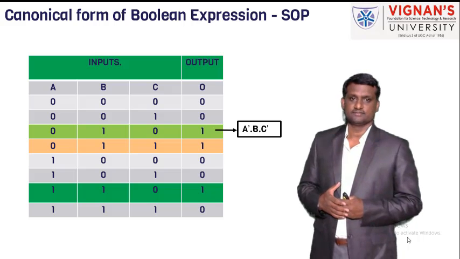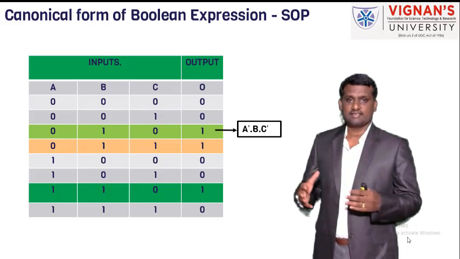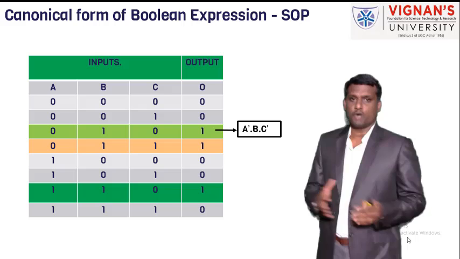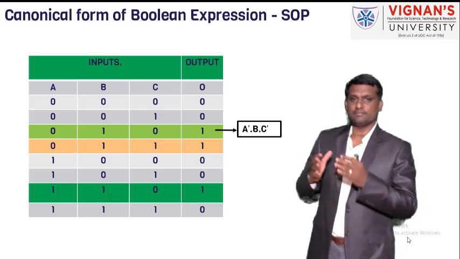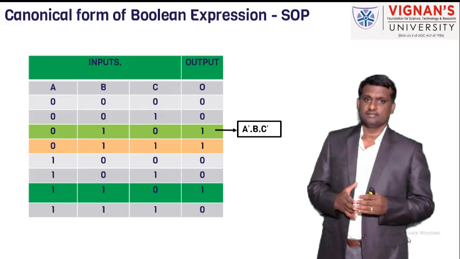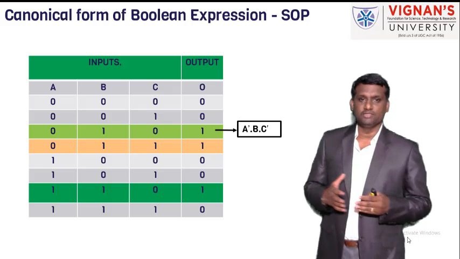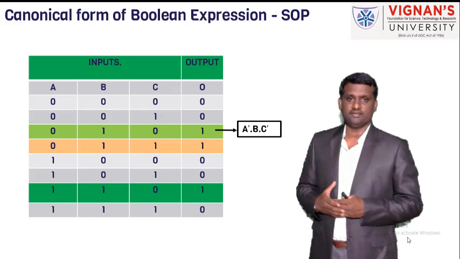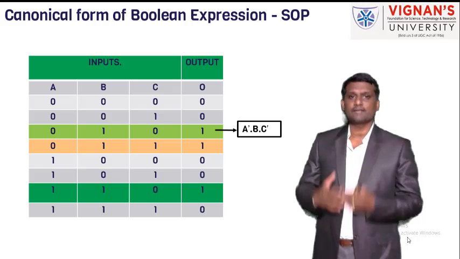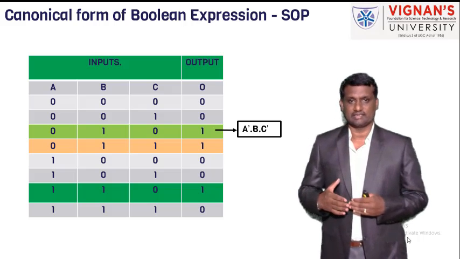So by taking that combination as A bar, B, C bar and multiplying those three variables, that term is called a product term.